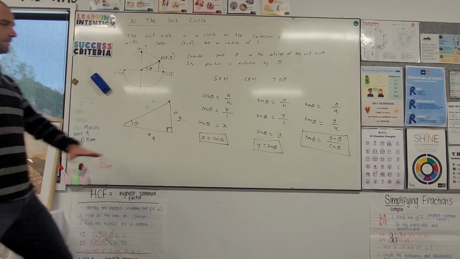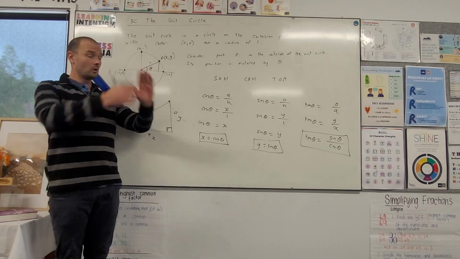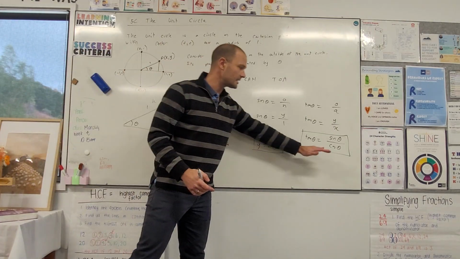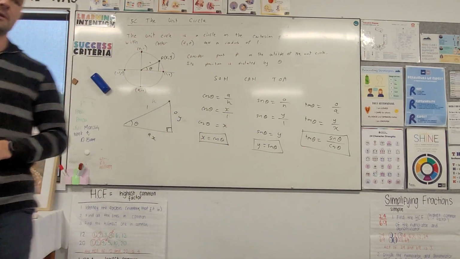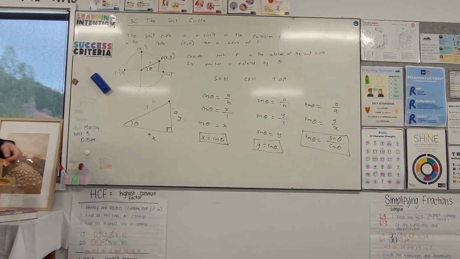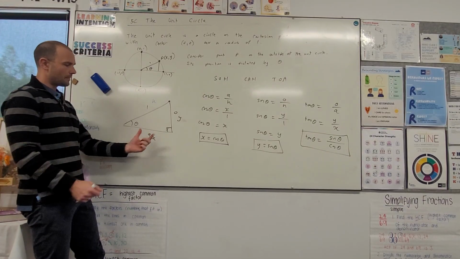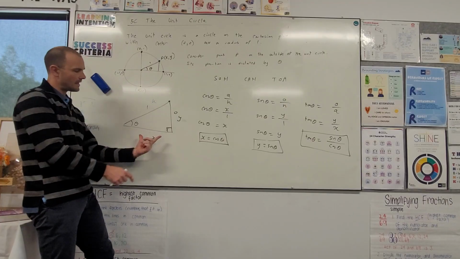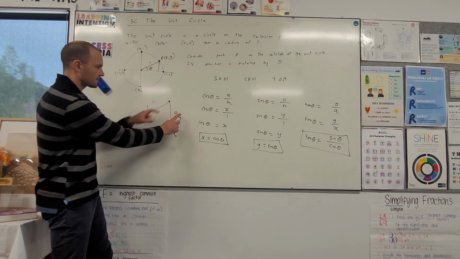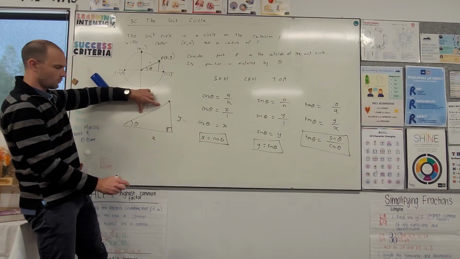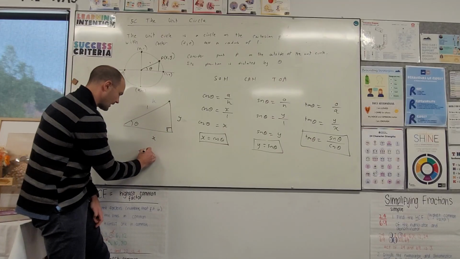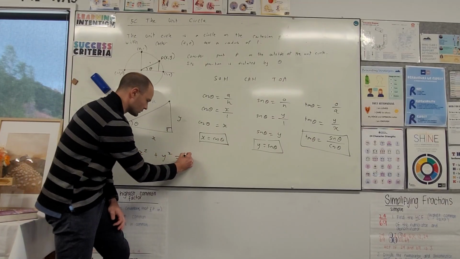So far we've unpacked 3 identities from this circle. There's 1 more that we're going to have a quick look at. Based on this triangle, if we were to do Pythagoras' theorem, we would have x squared plus y squared equals 1 squared. So let's write that out. x squared plus y squared equals 1 squared.